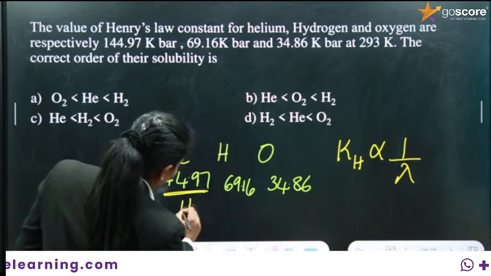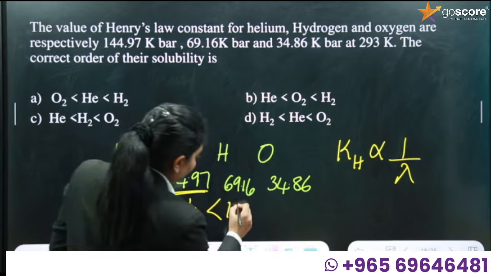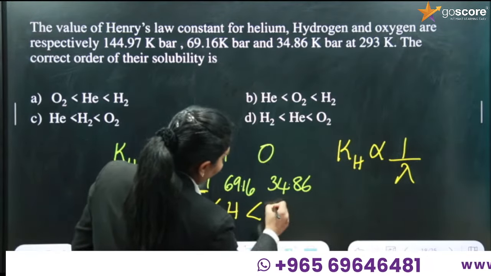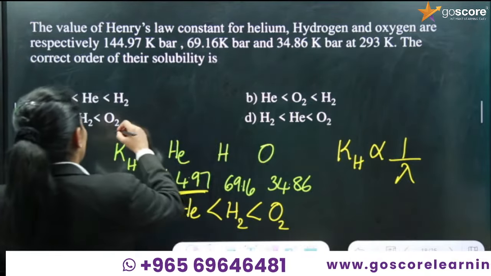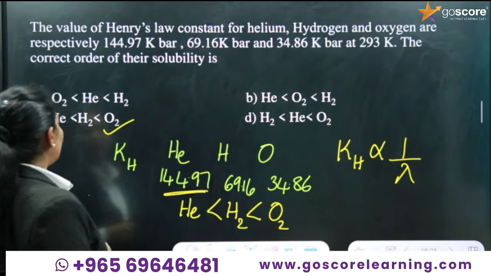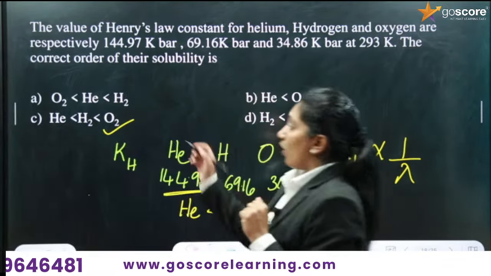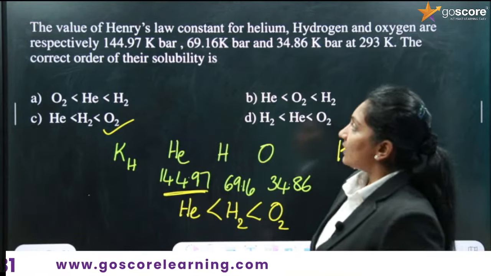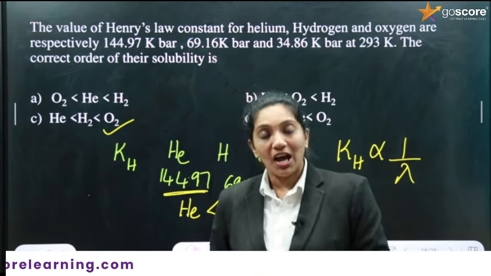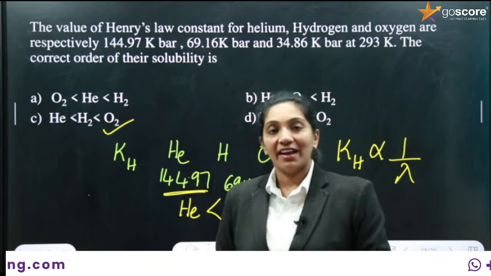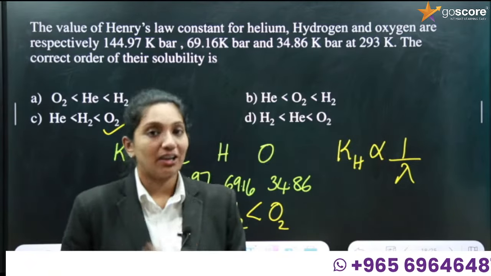So helium has lower solubility than hydrogen, which is lower than oxygen, right? So which option is correct here? Helium lesser than hydrogen, which is lesser than oxygen. So this is an application of Henry's law and a problem based on it. I hope Henry's law is clear for you.